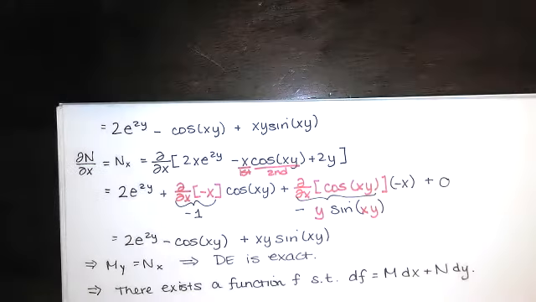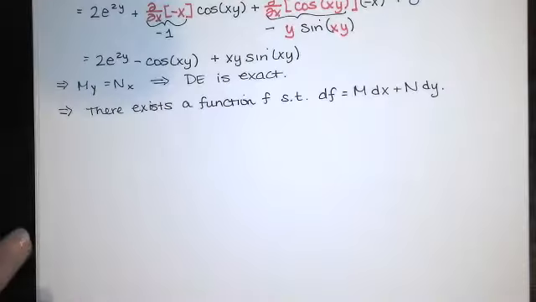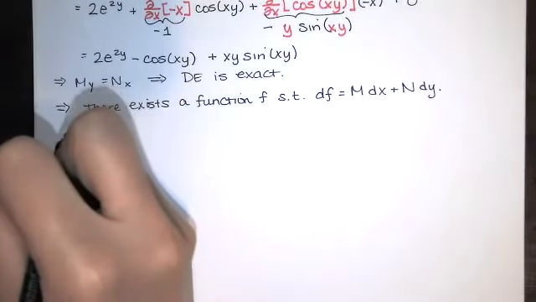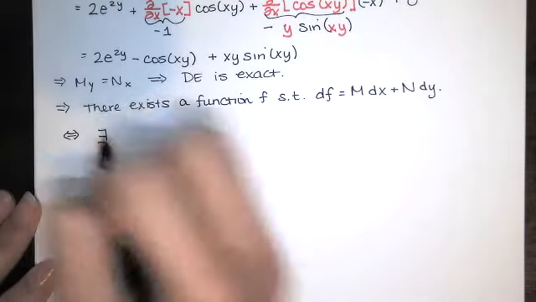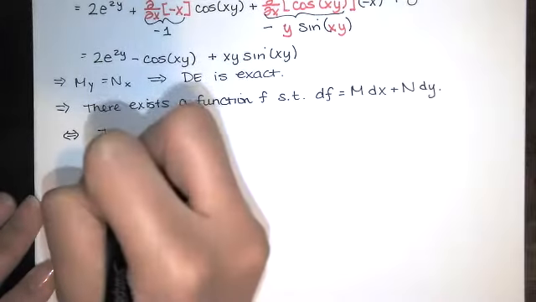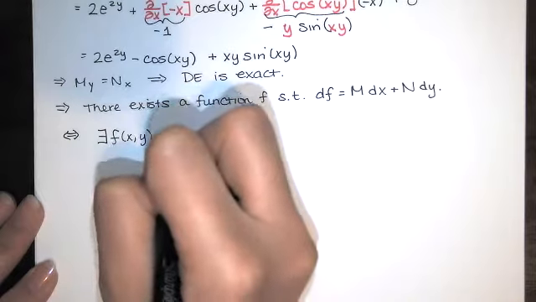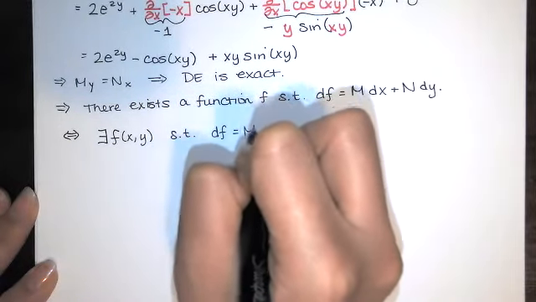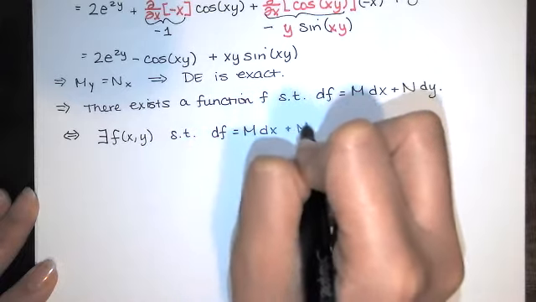Now, sometimes, rather than writing it in this form, mathematicians like to use shorthand. So I'm going to show you some shorthand now. There exists is just this backwards e. So we're going to say there exists an f, or f of xy, such that the differential of f is m dx plus n dy.